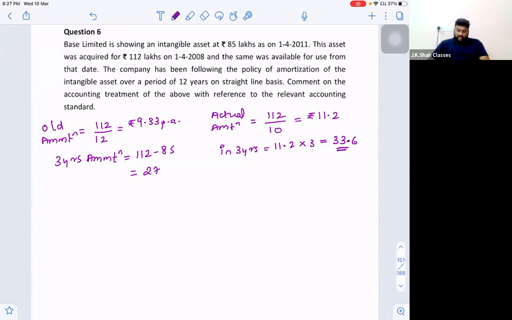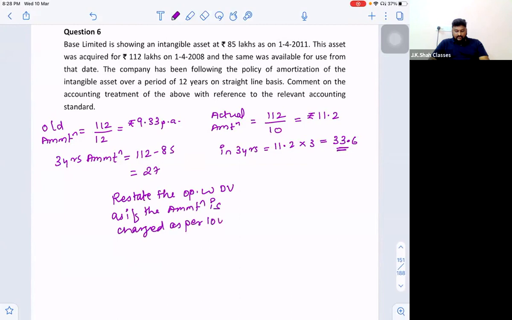So now what should the company do? The company should restate the opening WDV as if the amortization is charged as per 10 years. So this will give the retrospective effect.